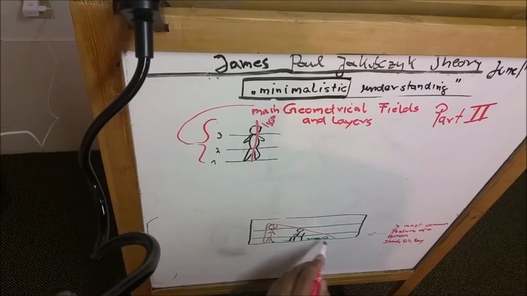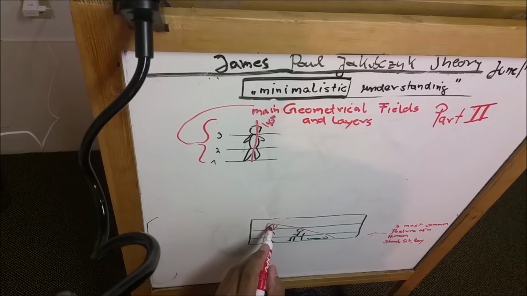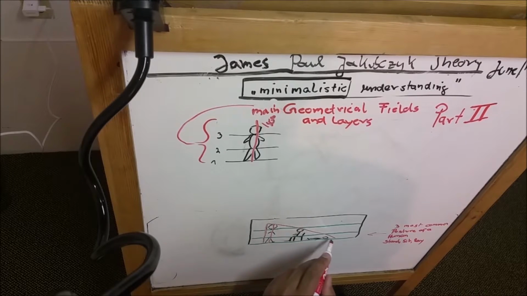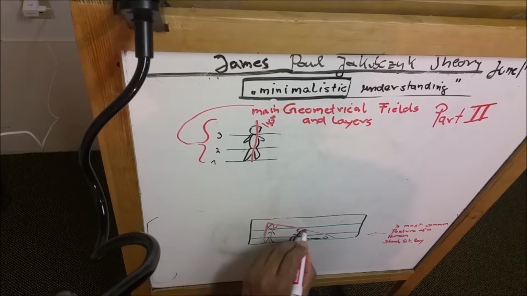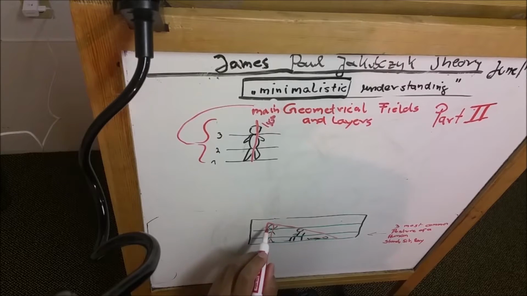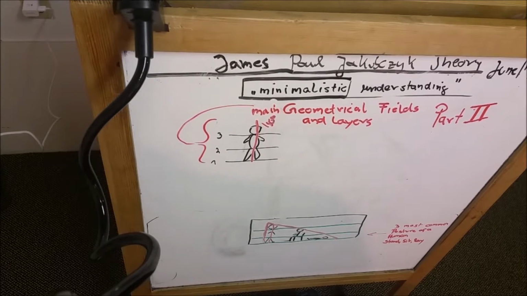You see that it goes down, right? It's actually like 180, 90, and then 45, so to speak. So what you see here very easily is a triangle in our posture position that is involved in geometrical fields and layers.